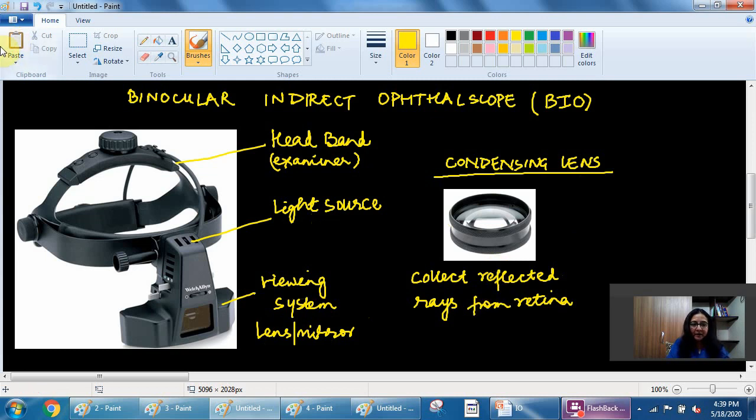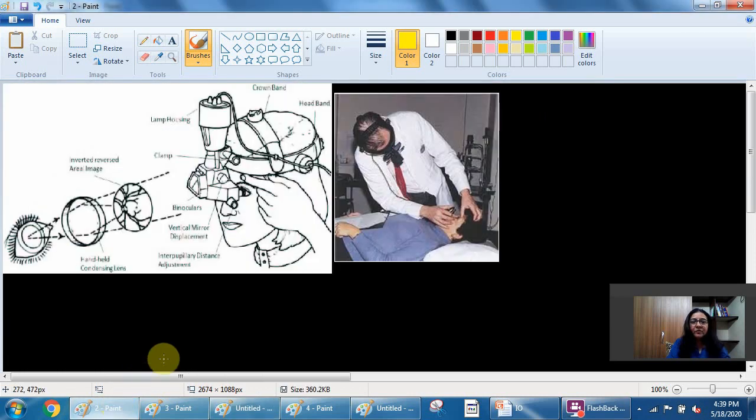So what we do here is, you can see in this image on the left, the examiner is wearing the indirect ophthalmoscope over the head. The light passes from this light source, goes to the patient's eye through the dilated pupil, and then it will be reflected back.